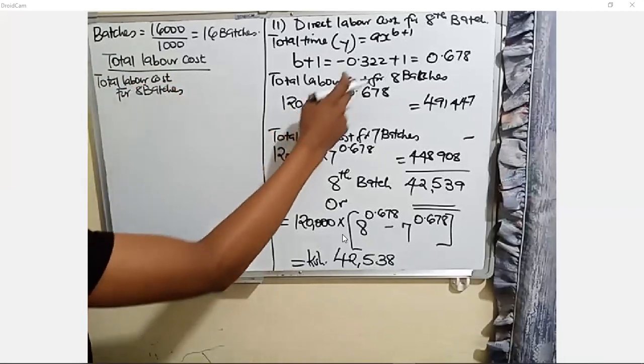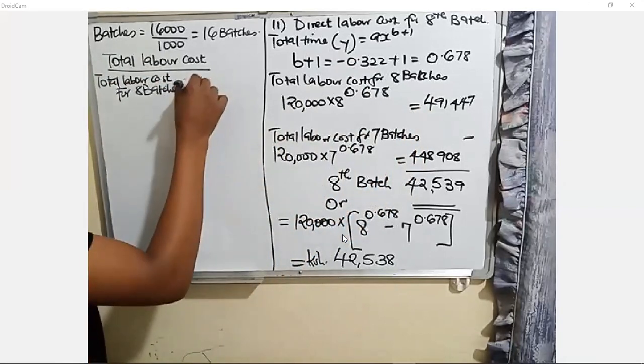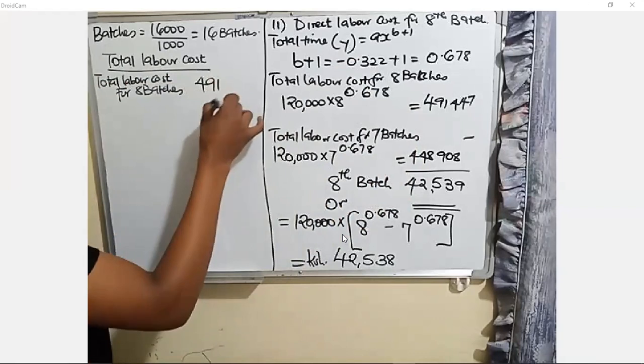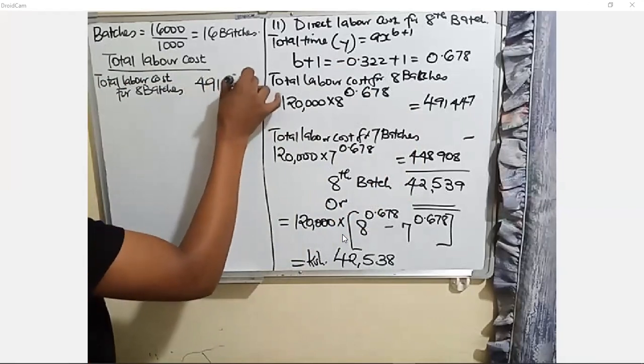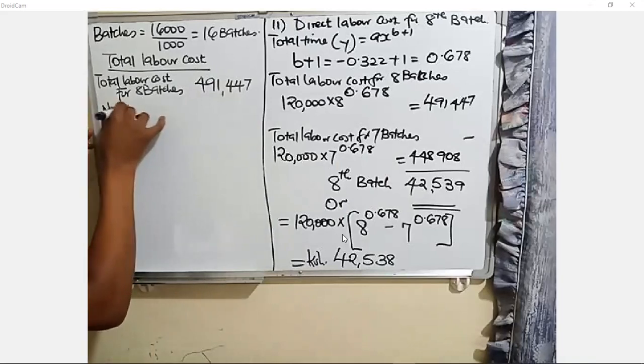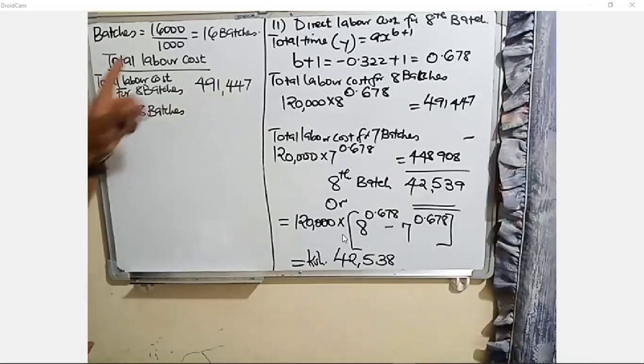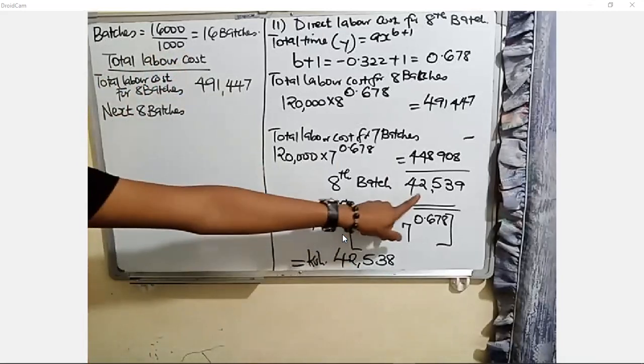The total labor cost for the first 8 batches is 491,447. That is what you got. Then the next 8 batches, because the total is 16 batches, the cost will be the same.